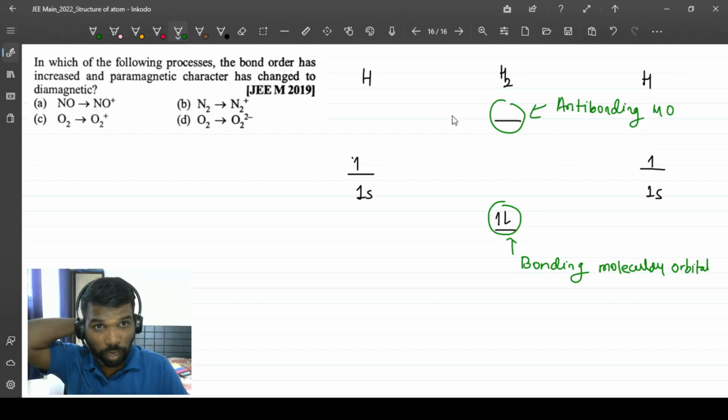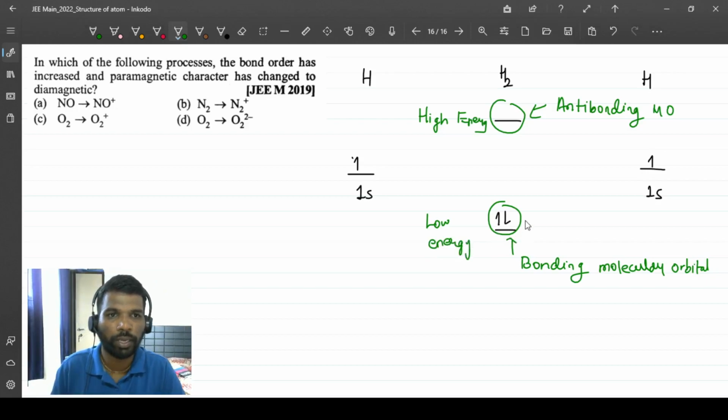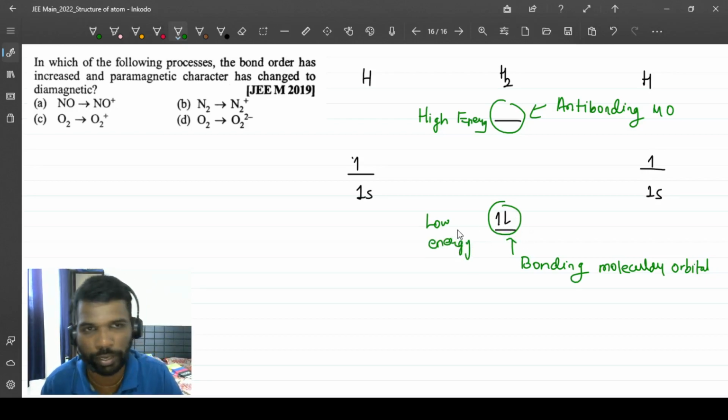This anti-bonding orbital is of comparatively higher energy, and the bonding orbital is of low energy. So this is the case.